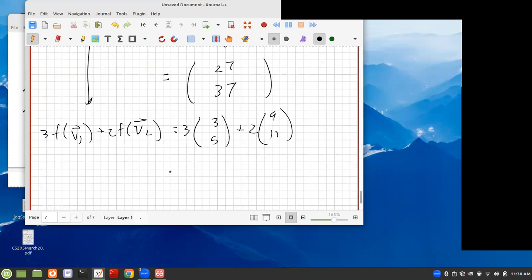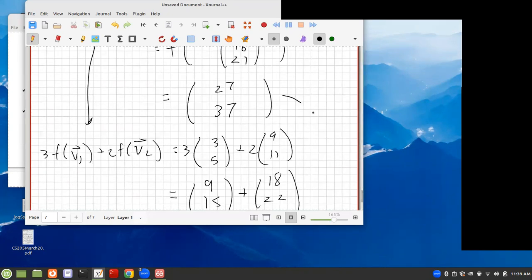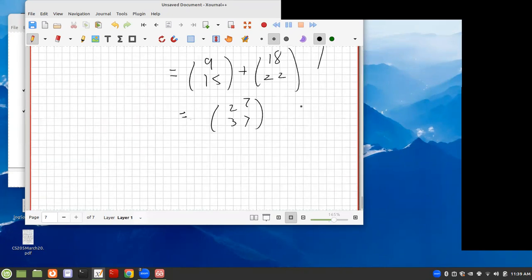Then 3 times 3 is 9, 3 fives is 15, 2 nines is 18, and 2 elevens is 22. And then 9 plus 18 is 27, and 15 plus 22 is 37. And it turns out that that's the same as this one.